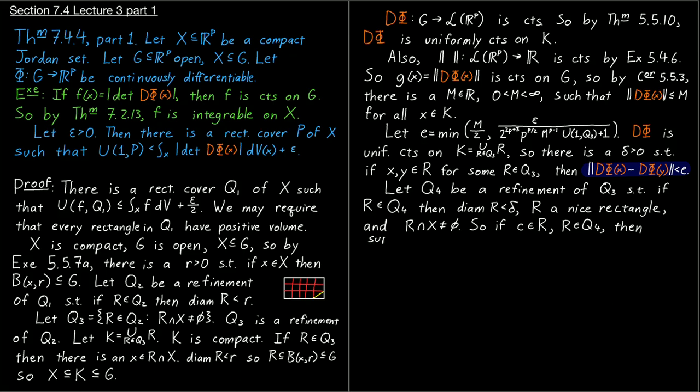Then the supremum over all points Z in R of the distance from d phi of Z to d phi of C is less than our number E. Now notice Q4 is a refinement of Q3, which is a refinement of Q2, which is a refinement of Q1, and refinement is a transitive property.